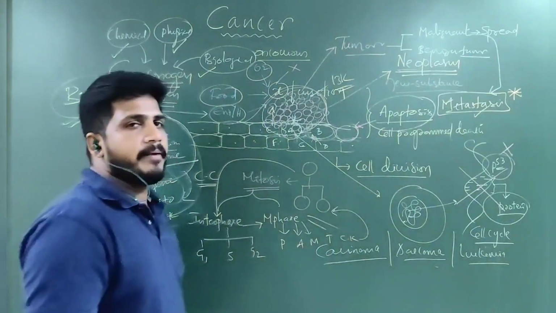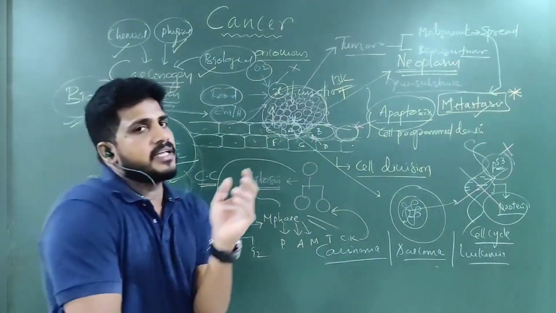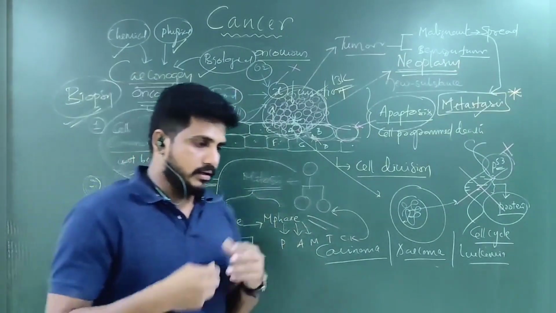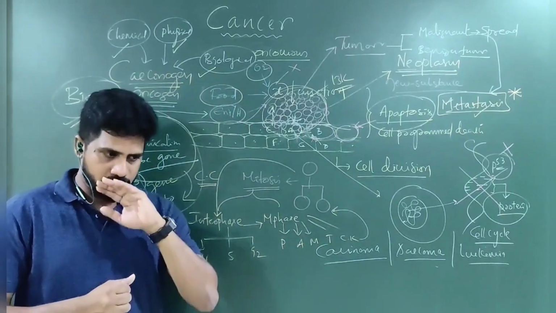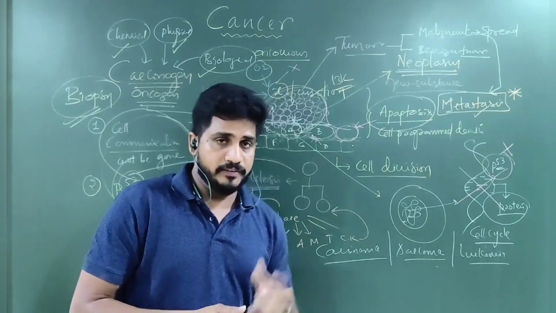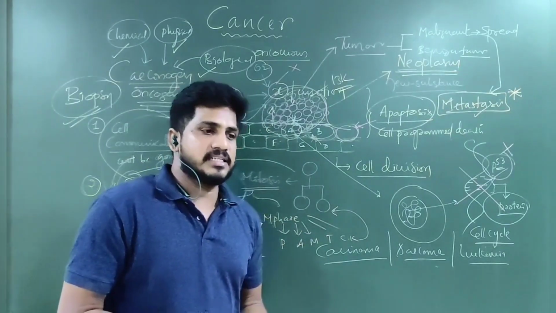According to the region, the name will be prefixed. Carcinoma means epithelial lining. Epithelial linings of the testis, mammary glands, prostate glands, stomach or gastric wall, and so many others are there in our body. If this kind of phenomenon takes place in that region, that is cancer.